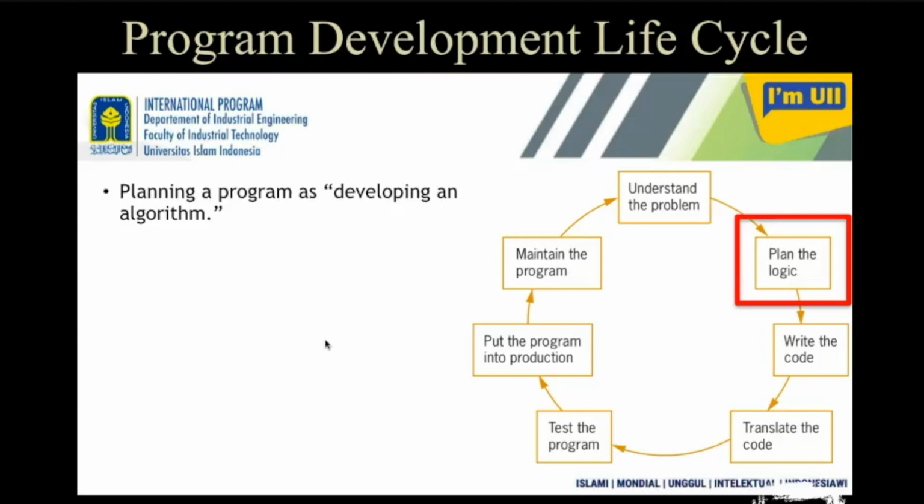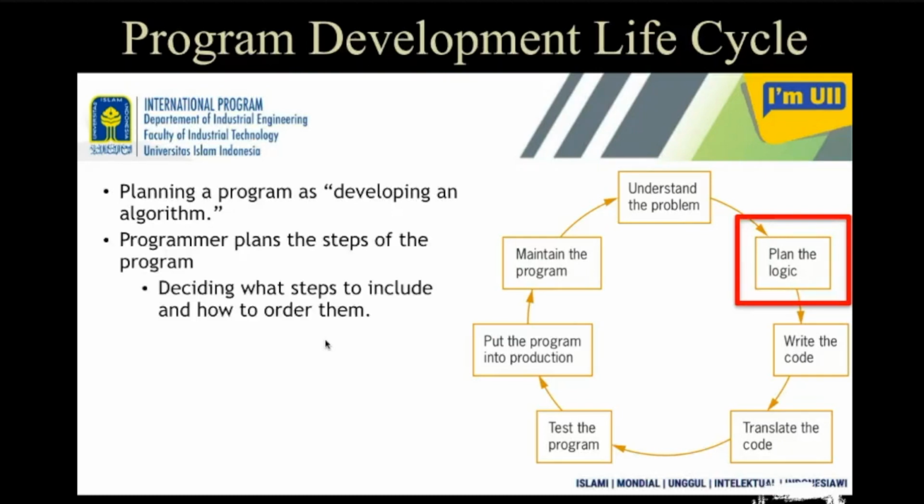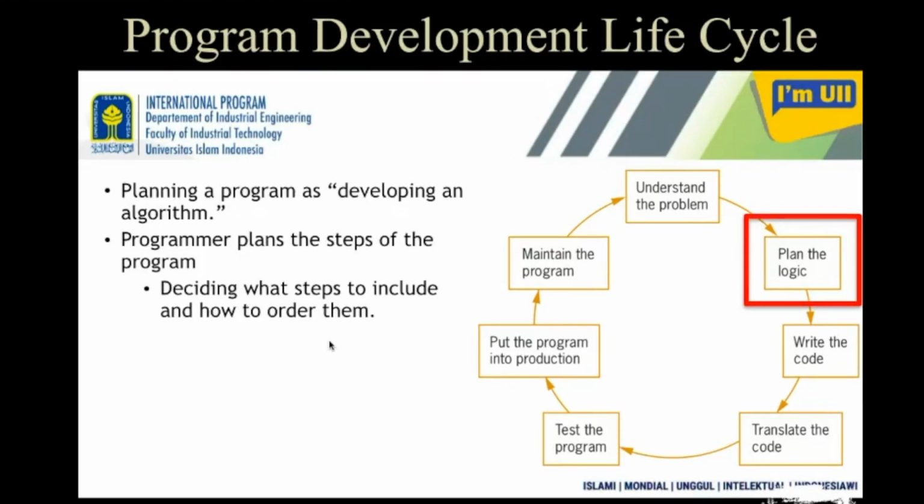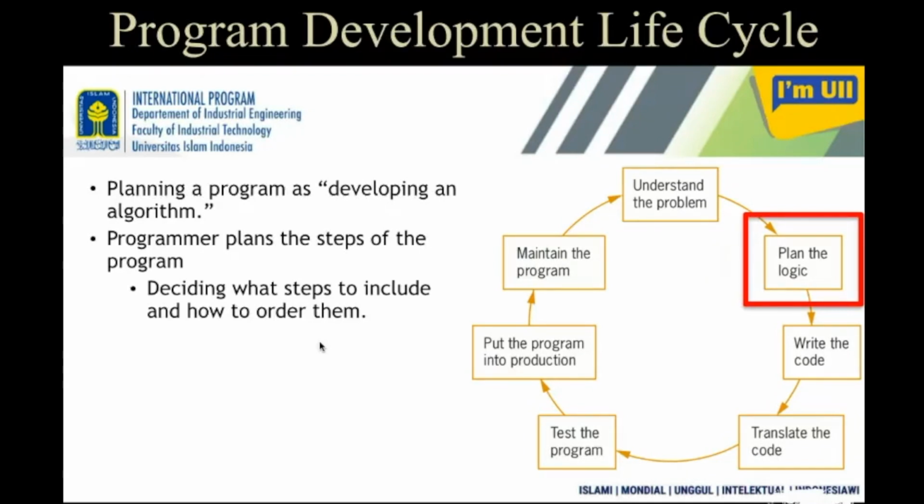Planning a program means developing an algorithm, and for that you write a set of steps, which are called algorithms. The programmer plans the steps of the program, deciding what steps to include and how to order them. Order is important, steps are also important, but order is more important than the steps. If you mix up the order, the problem will be different. If you miss some steps, you will not be able to get the result.